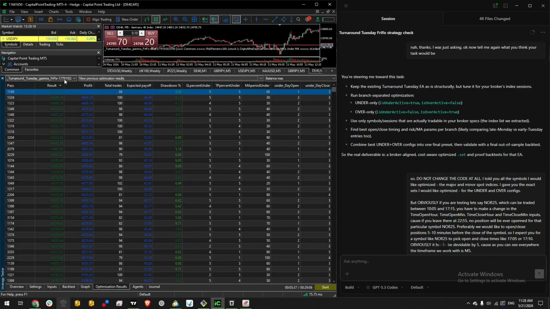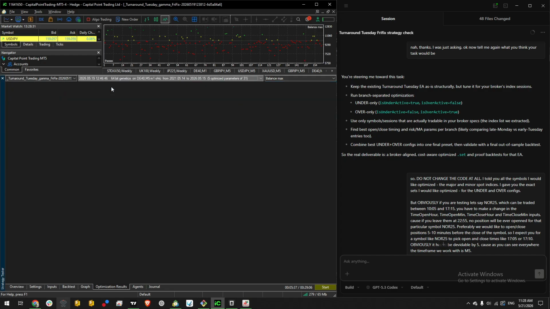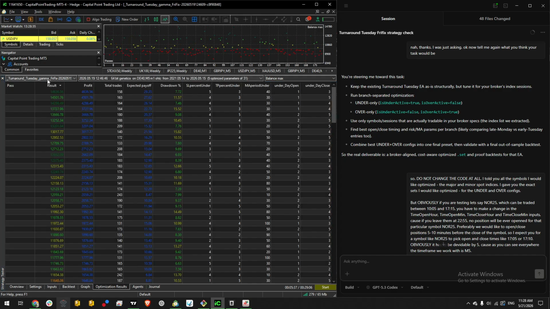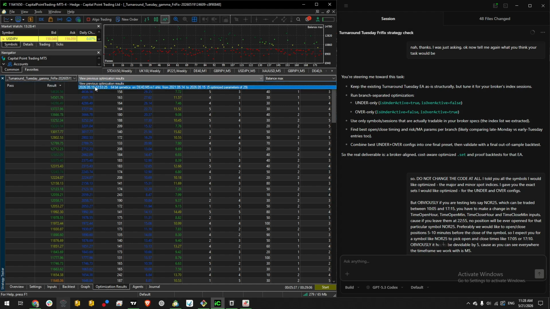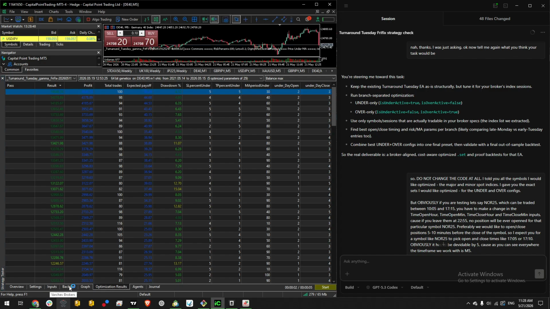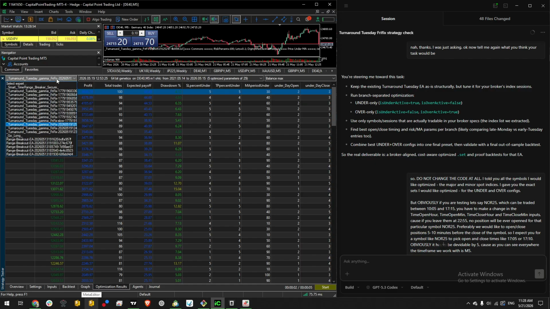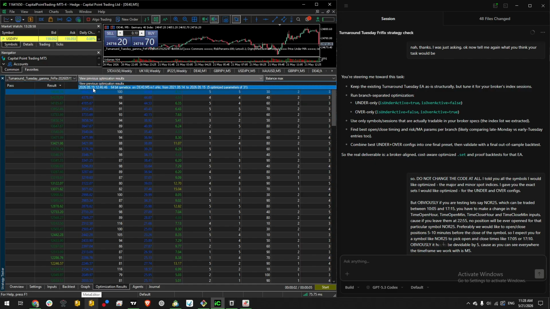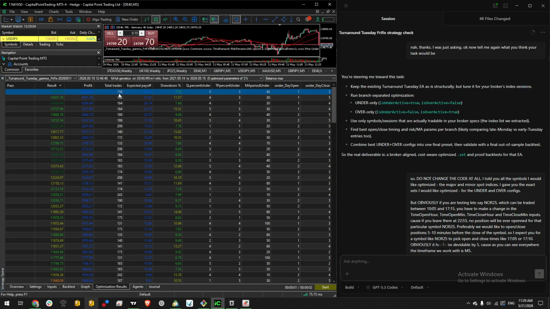I hope. No, it's not it. Tell me this is it. No, it isn't. DE40. This is a fast genetic optimization. Ah, yeah, that might be it. Okay. This is with price under the MA. And maybe this is with price over. Yeah, this should be over. Yeah, because look at the trades.